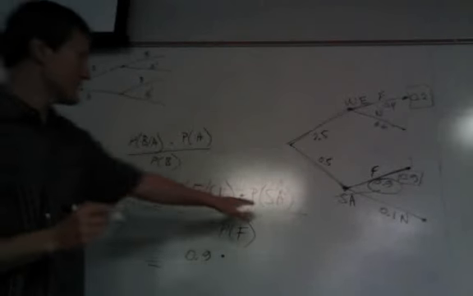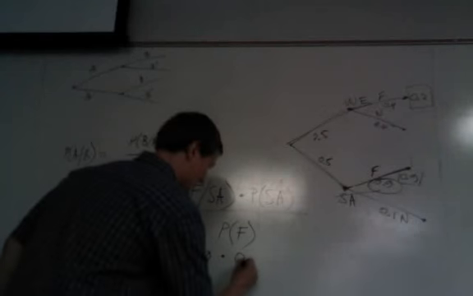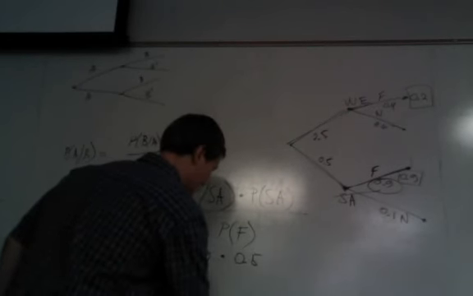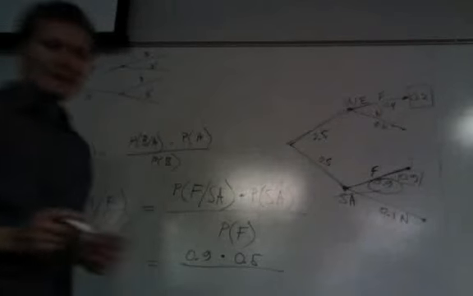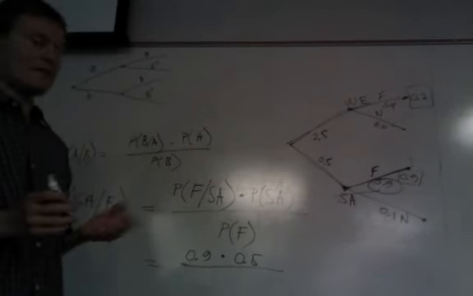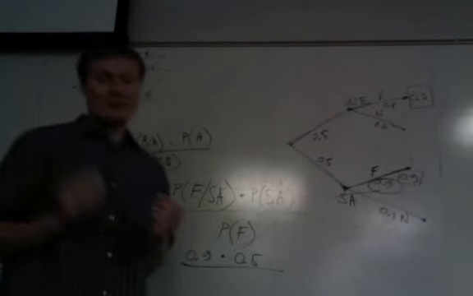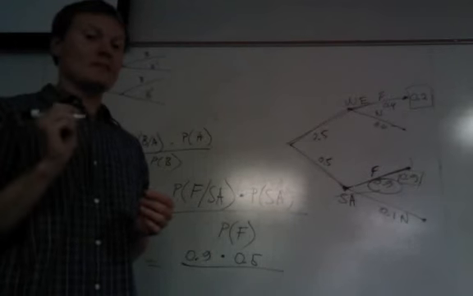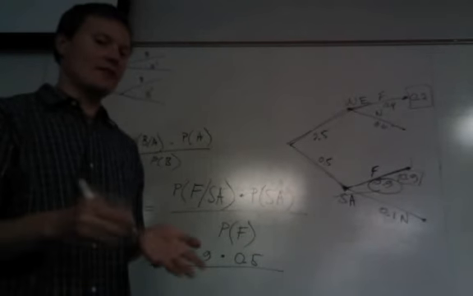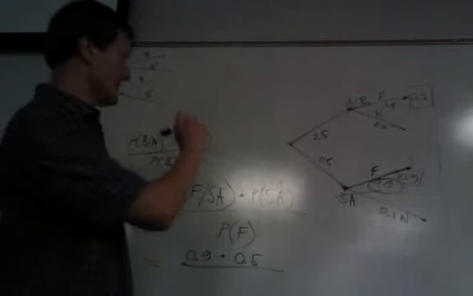It's 0.9 times the probability of being in South America, which is 0.5. So what's the probability of a person following the event? Remember, we calculated this number when we did the marginal probabilities. It's the marginal probability of somebody following the event.